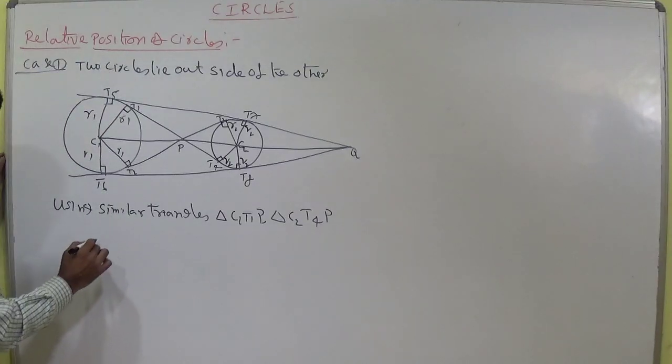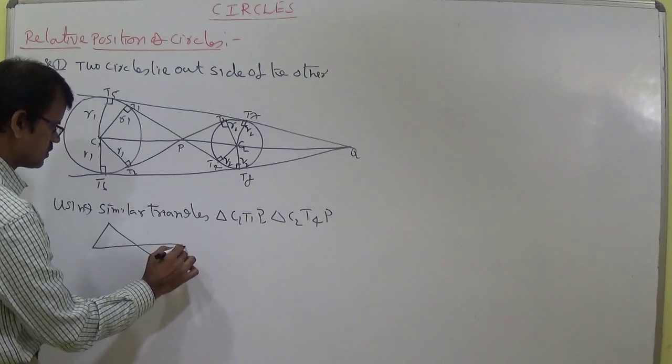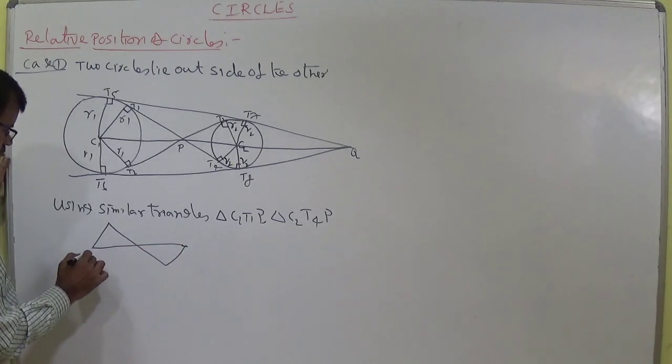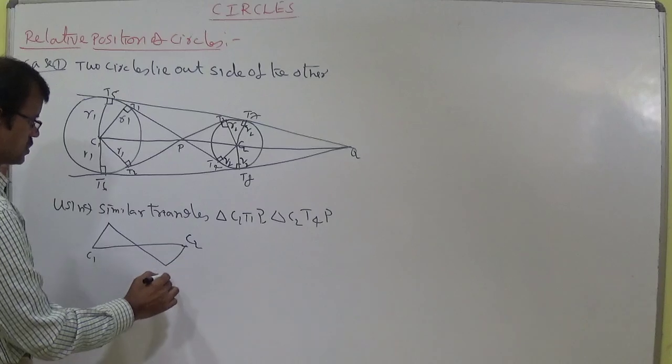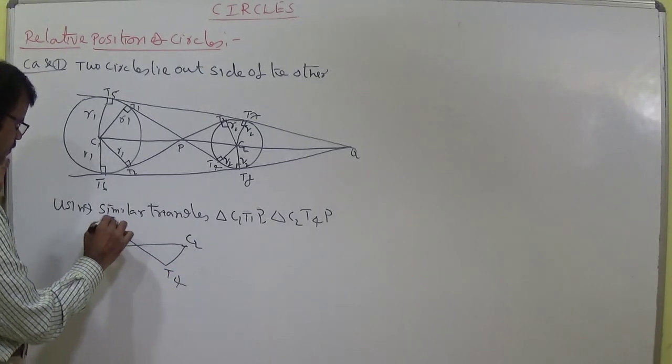Let us draw the diagram like this. What is happening here? C1, this is C2, this is T4, this is T1.